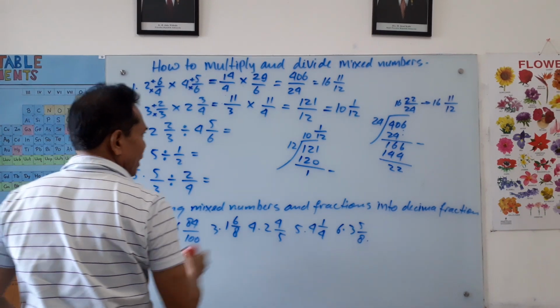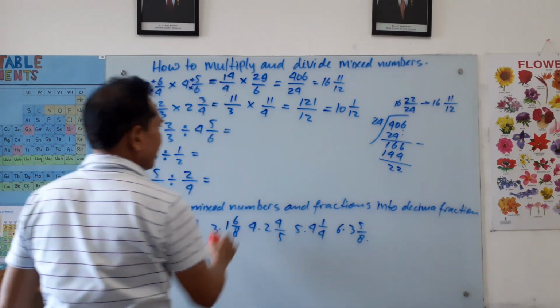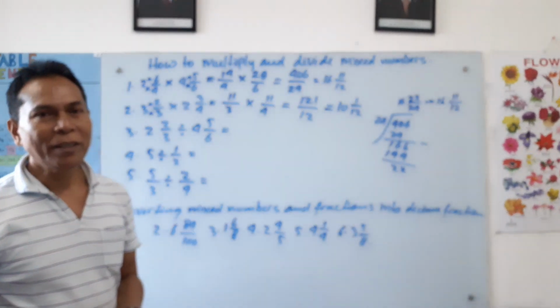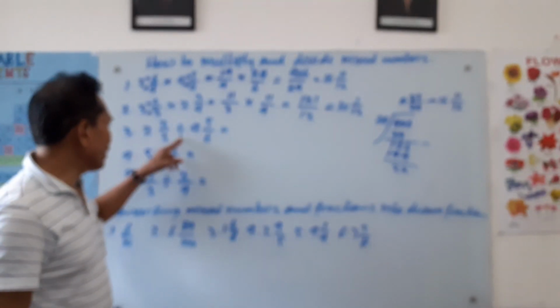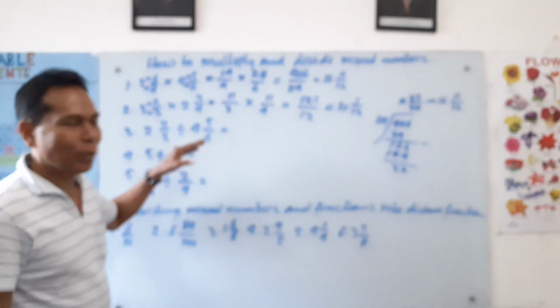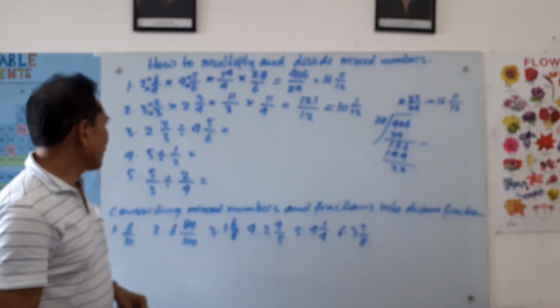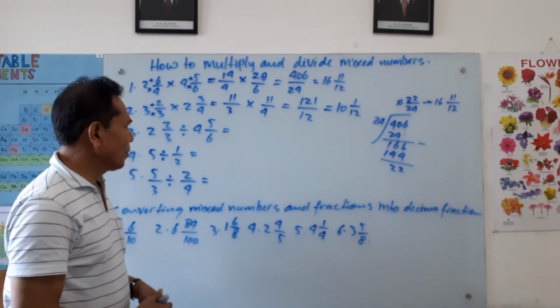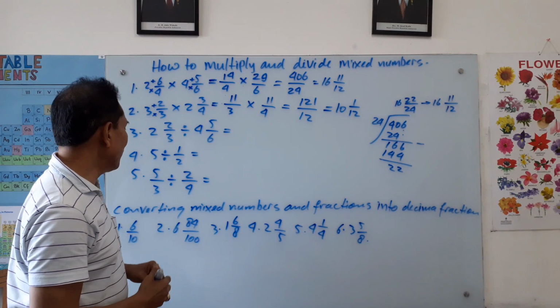Okay, I erase this so we can have more space to work this out. Now, number 3 is different. Number 3 is division. It's not multiplication, but it's division. But we use the same way, almost the same way. So we work this out.